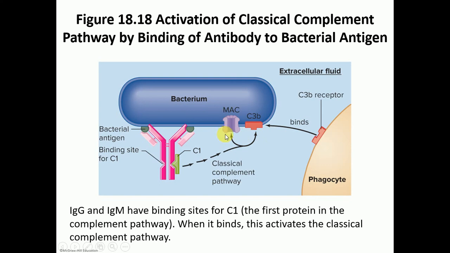And you'll also make the MAC complex, the membrane attack complex, where you are basically making a pore or a hole in the membrane of the bacteria, and that will lead to leakage of everything from the bacteria and basically killing it. So the MAC complex can kill it, or the presence of the C3b can attach to the C3b receptor on the phagocyte, and that could lead to destruction in a different way.